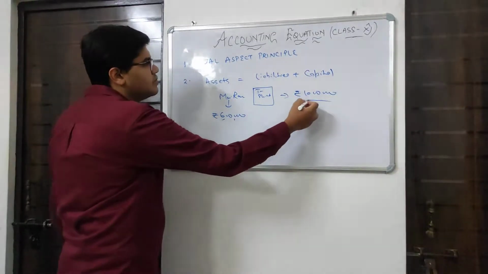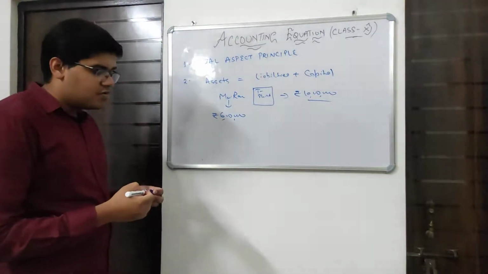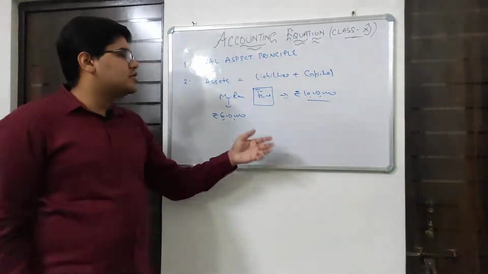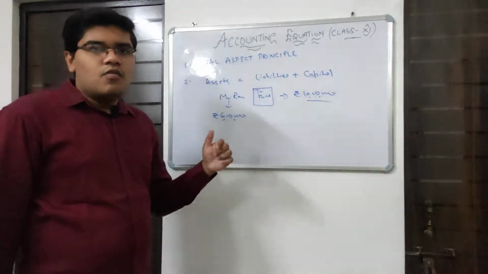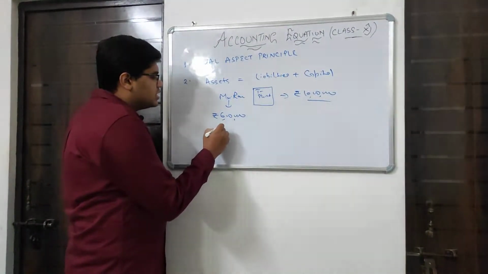Would he be able to start a business? Not at all. He would not be able to start a business because his requirement to start a business is 10 lakh.